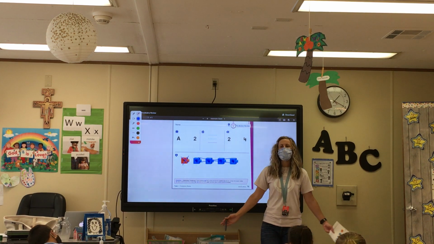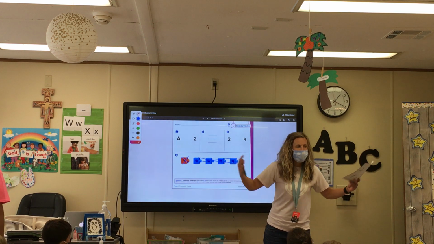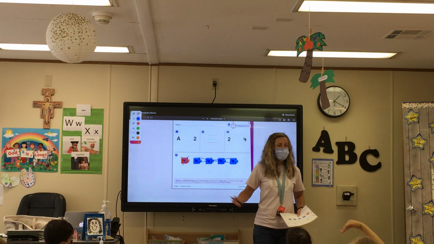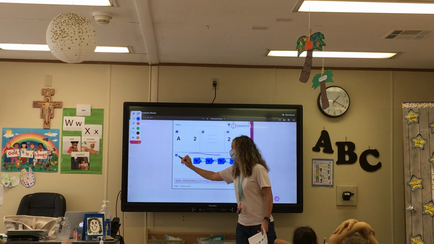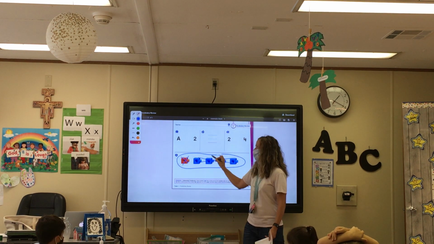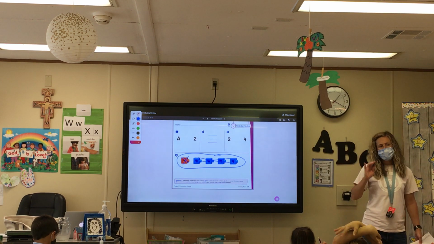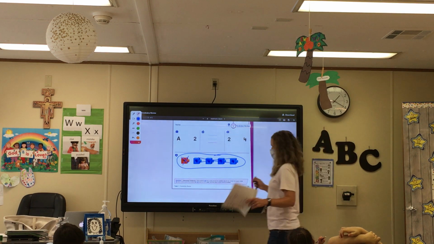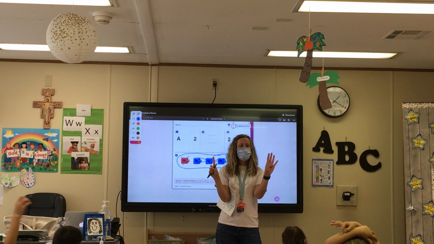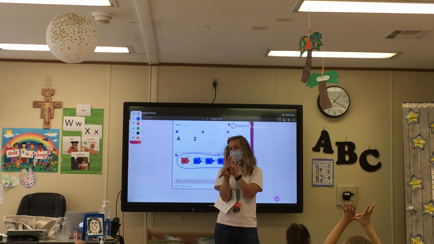But when I say what is the whole, it means all the cubes. The whole is the whole group. So I want to put all of them together. Remember, because we're making a set of 5. So we have to circle all the cubes in one big circle. That's my whole. I have 1 and 4, but I put it together. Now I have 5. Right, Betty?